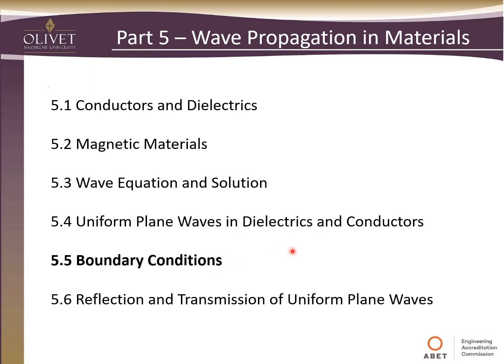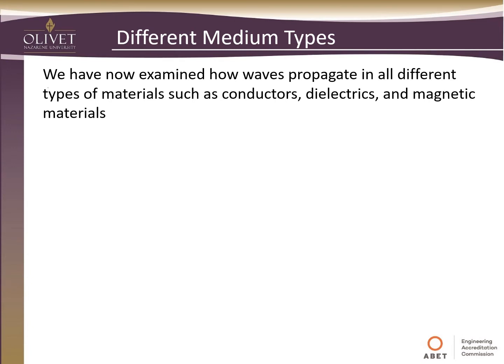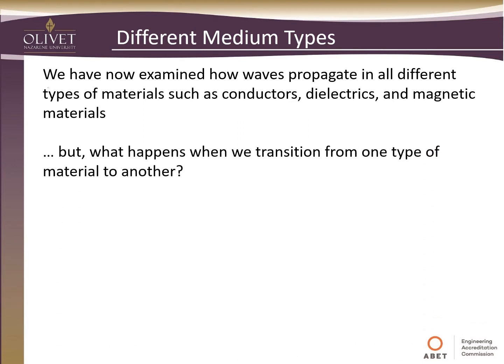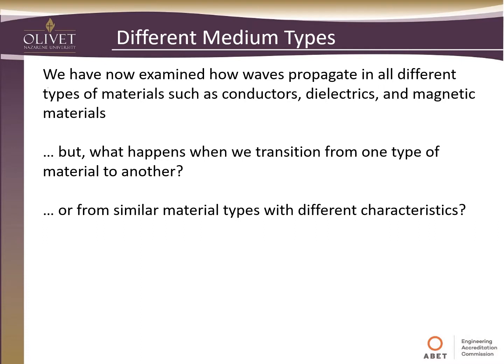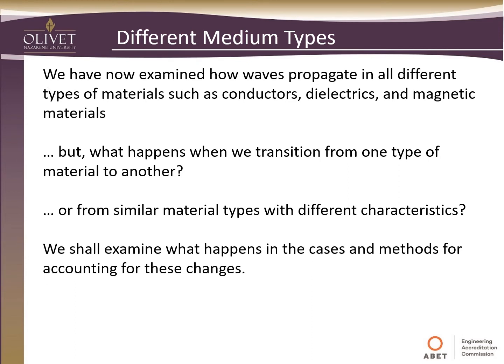So now we want to look at what happens when we go from one material to another. We've now examined how waves propagate in all these different types of materials. Well, what happens when we transition from one type of material to another, or from similar material types with slightly different characteristics? We want to examine what happens in these cases and make sure we can account for these changes.